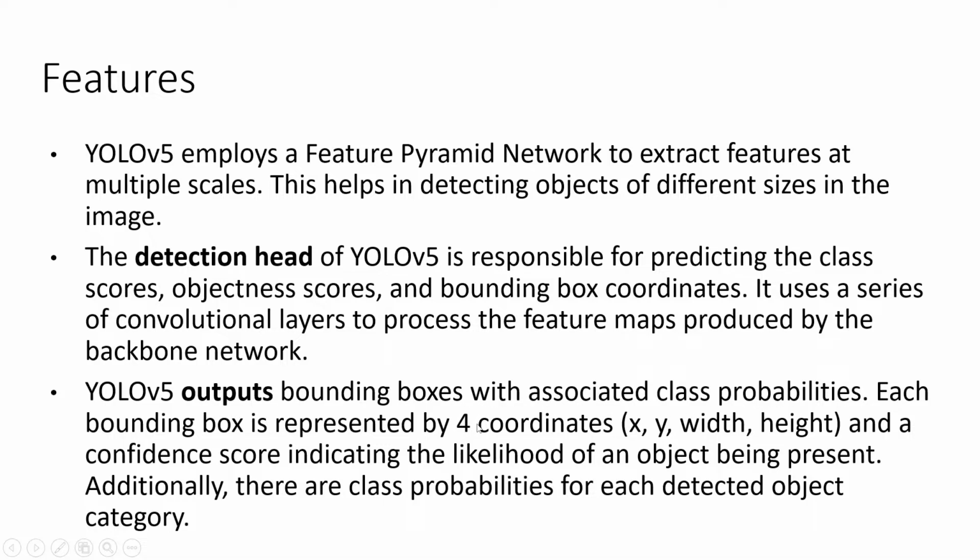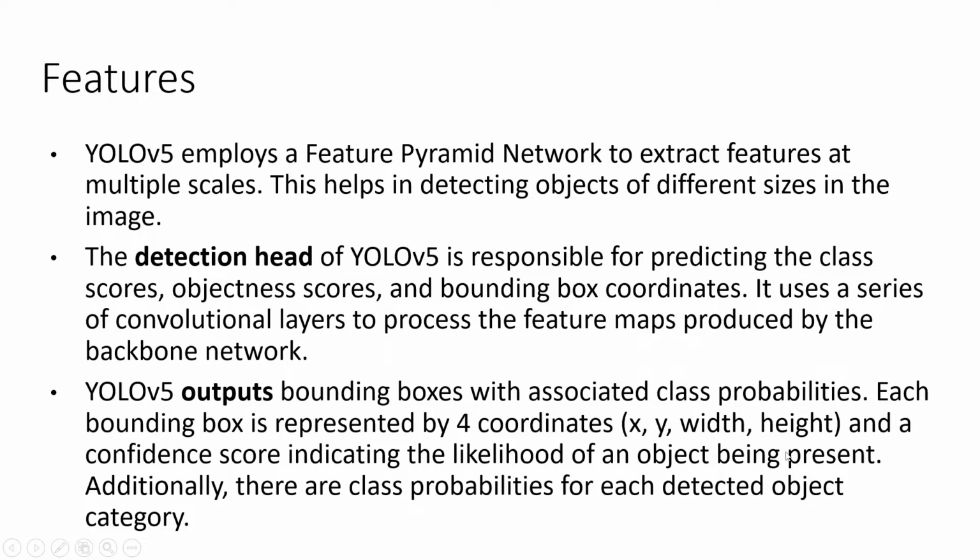So each bounding box is represented by four coordinates, x and y. So it could be denoting the center of the bounding box, and then the width and height. So the program can draw a bounding box around the object, and a confidence score indicating the likelihood of an object being present.